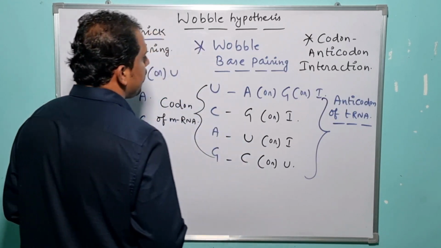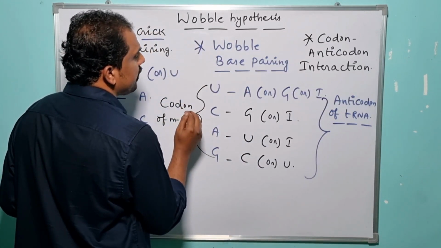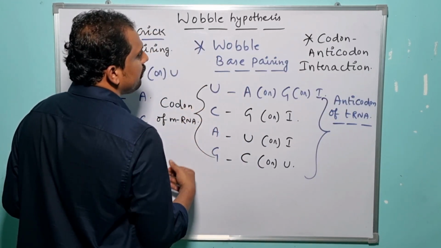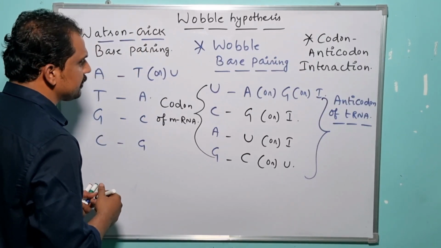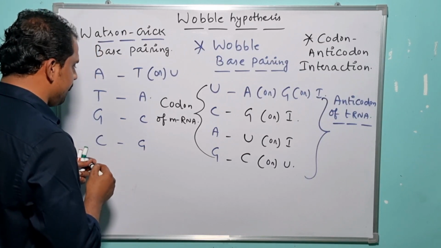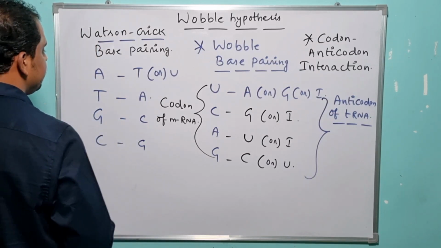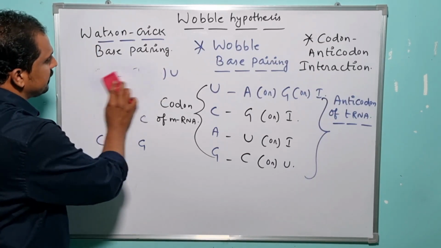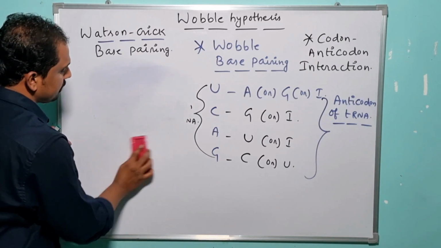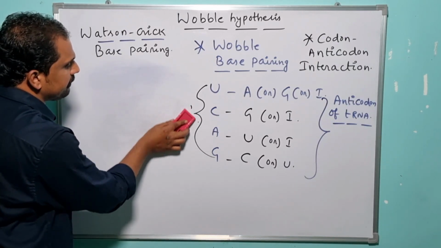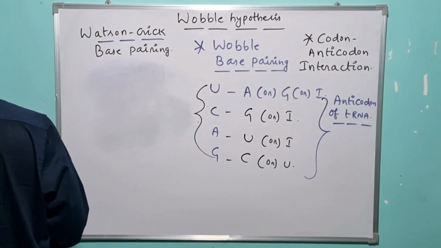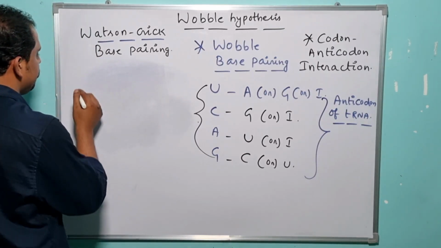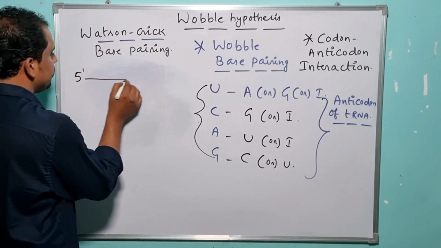So here we need to understand about the wobble base pairing. So what is the uniqueness or what is the beauty of wobble base pairing here, right? So here if we consider one specific mRNA, right? So let me erase the things here. One specific mRNA which contains one specific codon which is nothing but ACI. So let us assume it is the mRNA, right?